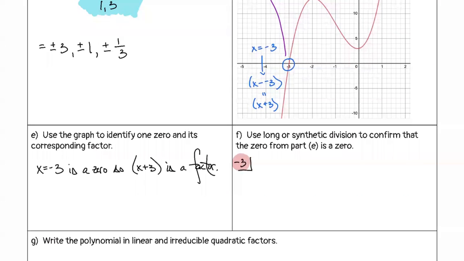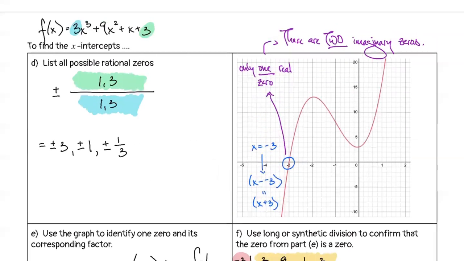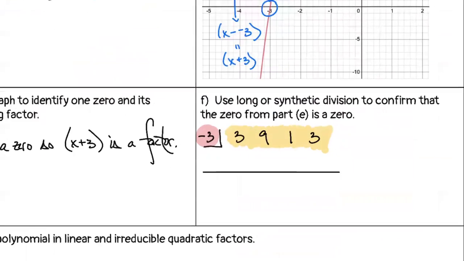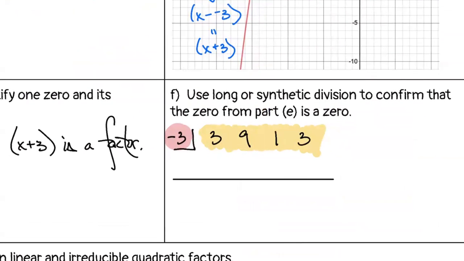And what am I going to write for my coefficients over here? 3, 9, 1, and 3. Yep, we're just going to grab those coefficients from our f of x, right? 3, 9, 1, 3. All right, let's walk through our synthetic division.